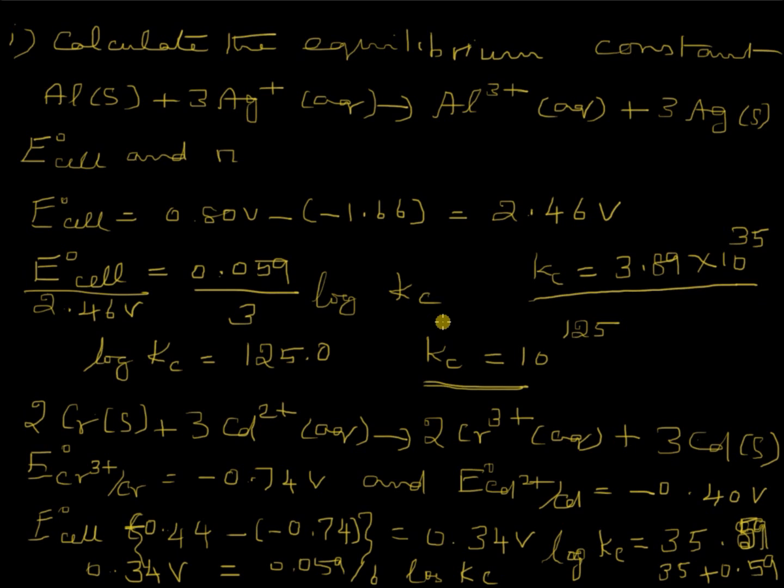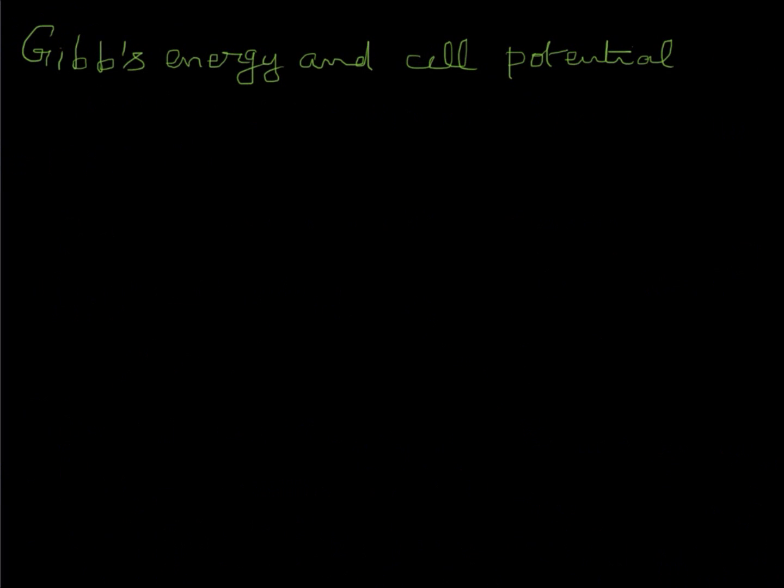So from a value of E naught cell and value of n, which we derive from the equation, we can calculate the equilibrium constant for any given equation. Another useful relationship for an electrochemical cell is that between the cell potential and Gibbs energy. As you know, in an electrochemical cell, a spontaneous reaction takes place and the chemical energy of the reaction is converted into electrical energy. If this electrical energy is allowed to do work, the free energy of the system will have a negative sign.